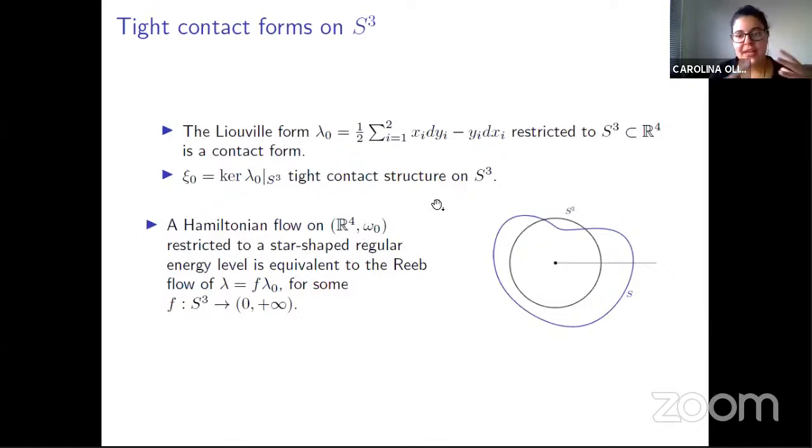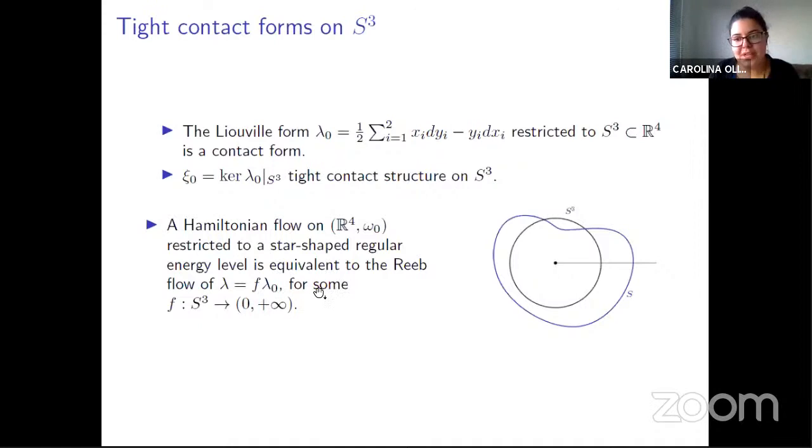In general, if you have any Hamiltonian flow on R^4 with its canonical symplectic form, and you have an energy level that is regular and star-shaped, like in this picture here, then if you restrict your Hamiltonian flow to this star-shaped energy level, this Hamiltonian flow is equivalent to a Reeb flow associated to a contact form that is a multiple of lambda 0, which we call a tight contact form.